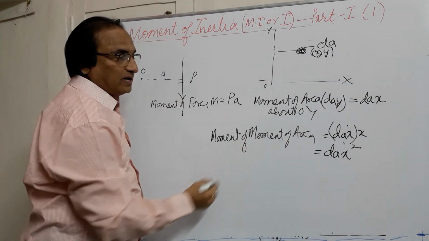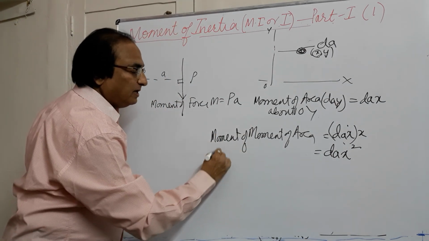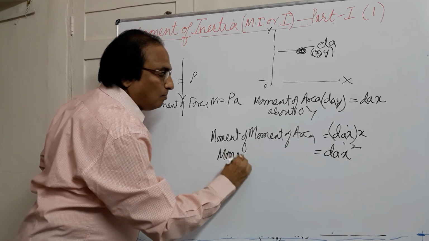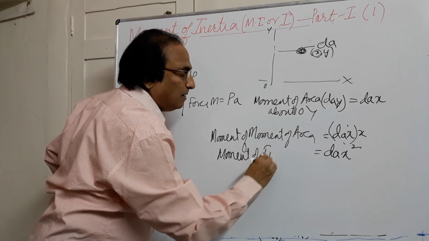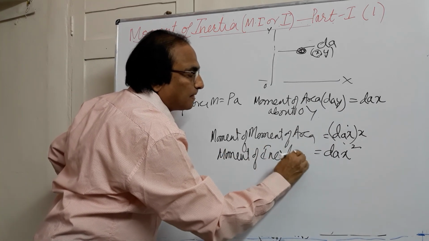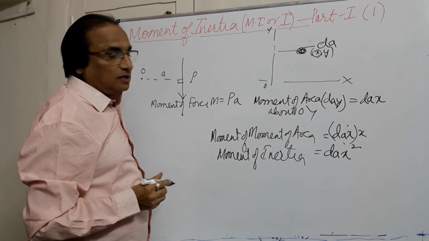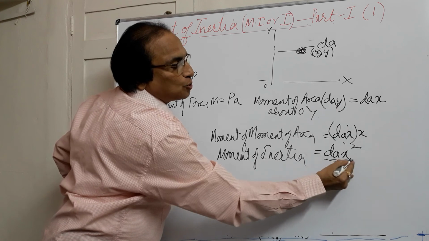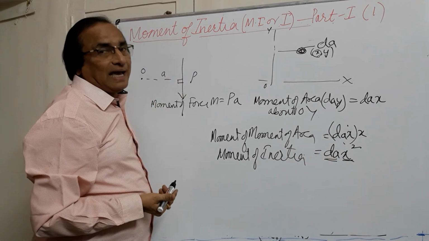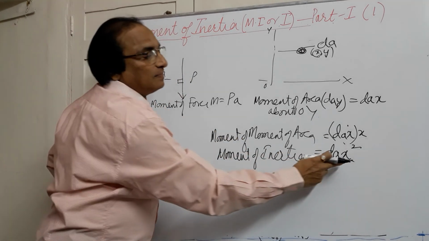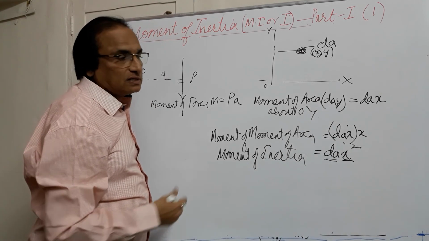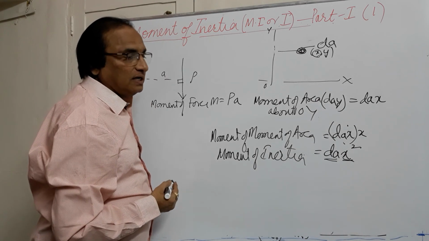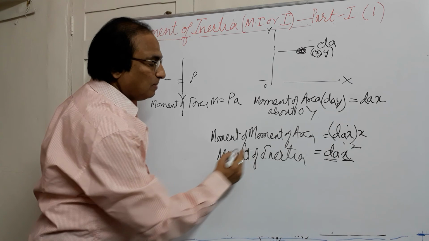Moment of area, and this moment of area we call it as moment of inertia. So moment of inertia is nothing but area into square of the distance from the axis. So always whenever you multiply by square of the distance, it will be moment of inertia. So we call it as moment of inertia.